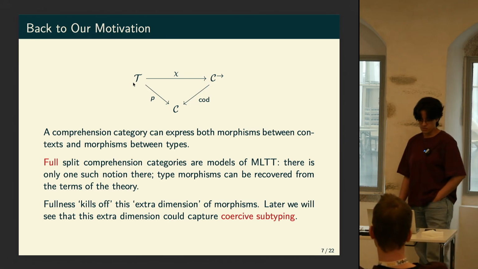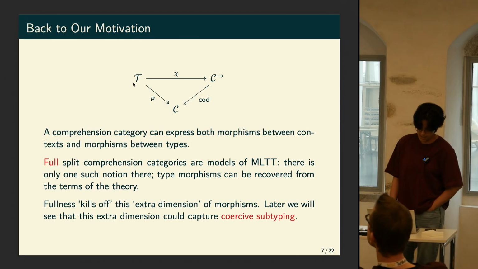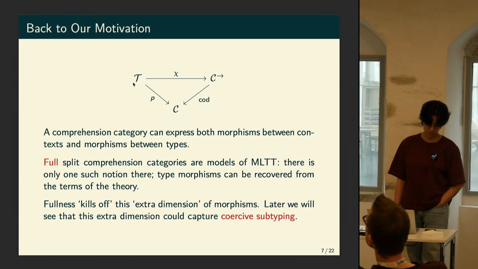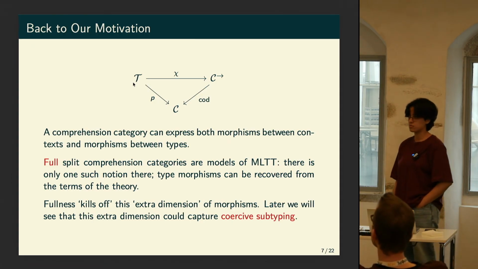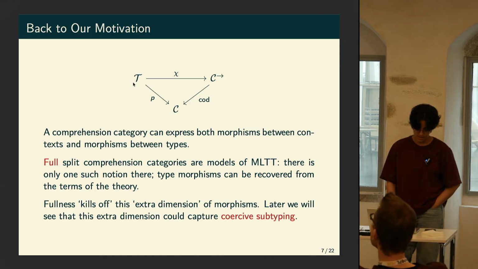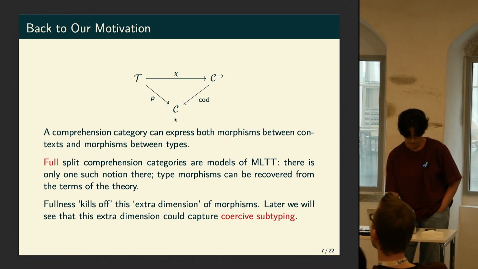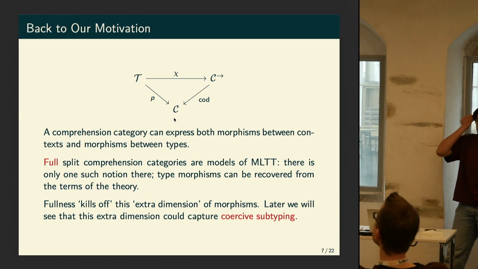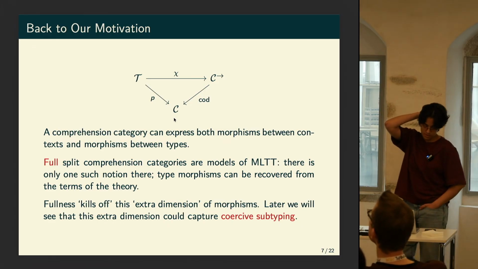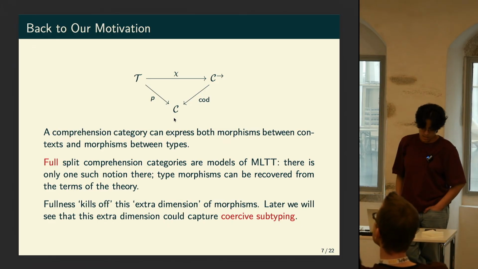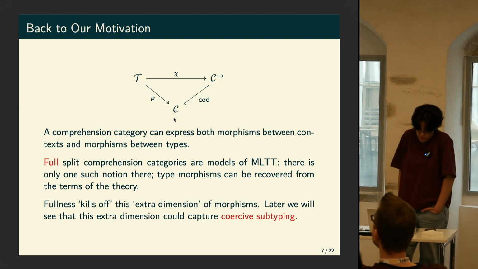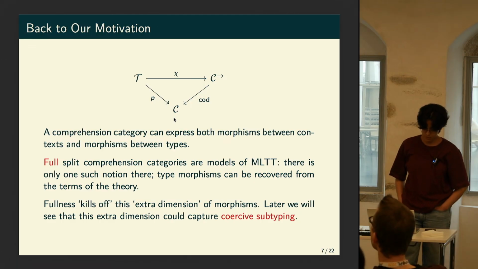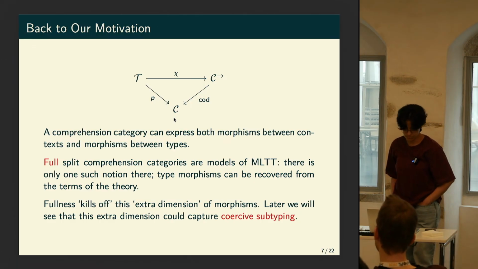Because then these morphisms between types are uniquely determined. They can be recovered from the terms of the theory, from these sections of the projections I showed you before in C. And we will argue that if you do not kill off this extra dimension, if you keep it, then it could capture coercive subtyping for you.